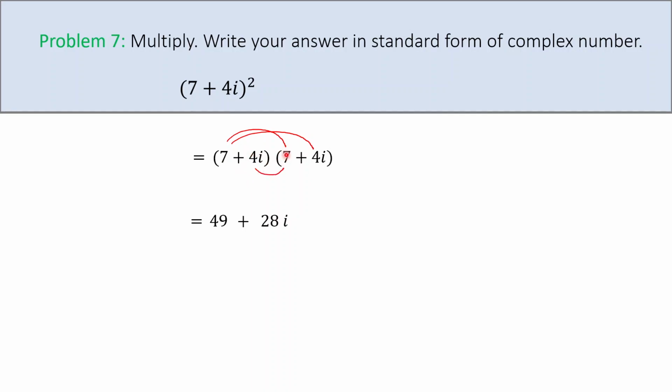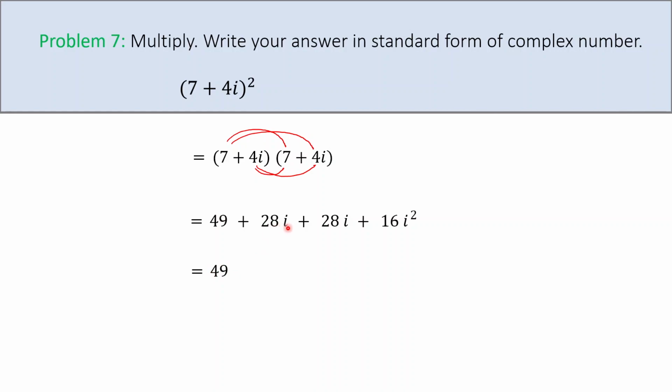Positive 4 times positive 7 is positive 28 times i. Now this and this. Positive 4 times positive 4 is positive 16. i times i is i squared.